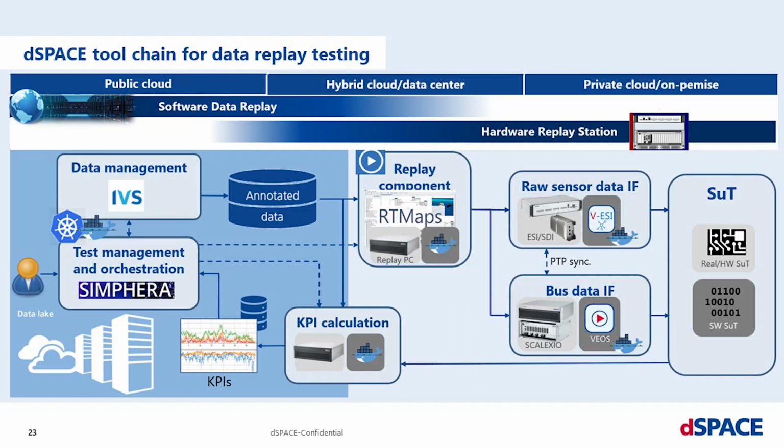For classical OEMs and system integrators or T1s who deal with real SUTs, this might be different. They usually collect a lot of data and have their on-prem test facilities today. We see some of those customers tend to bring their hardware data replay systems into colocation centers, where they can profit from the existing infrastructure and good connection to the public cloud.